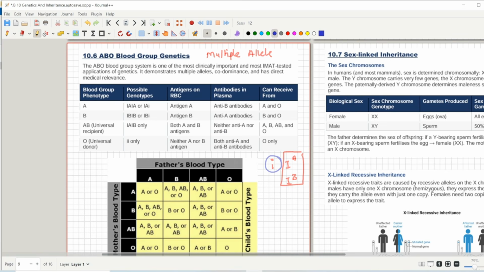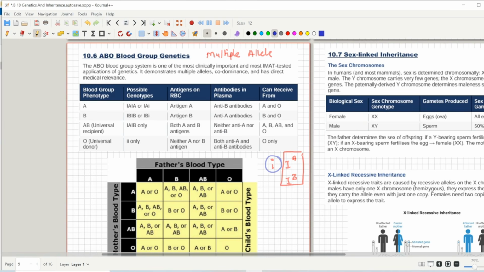When you do the cross, you have to know that there are 3 alleles, but actually 4 types of phenotypes that could be made. How are these phenotypes made? Let's go there.